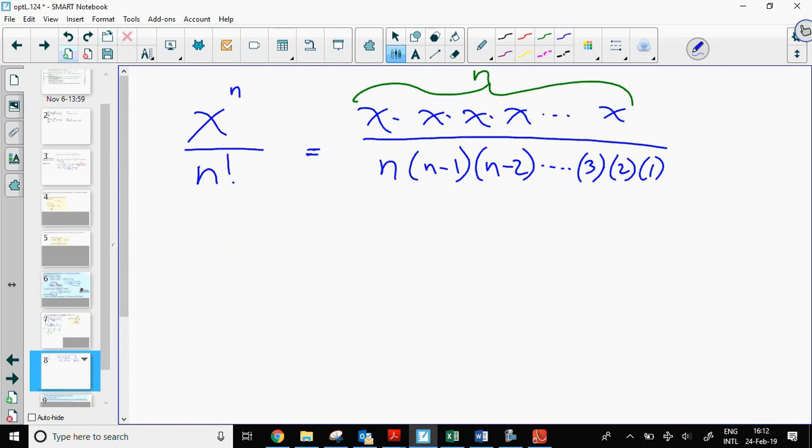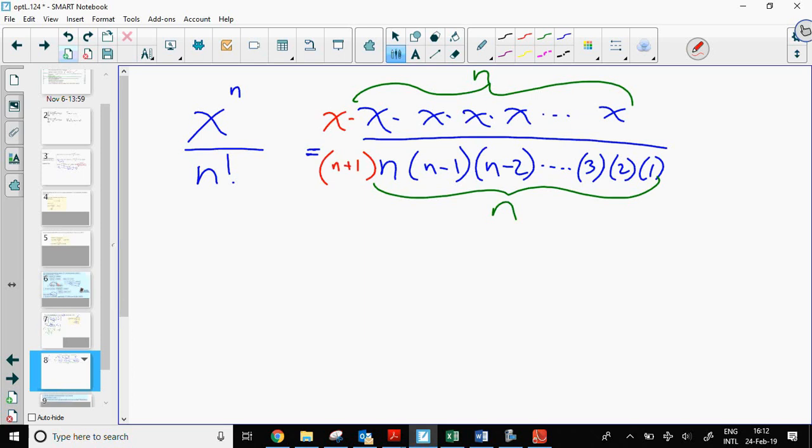Okay. How many values are there here? There's n there. So as this grows, if I increase n by 1, then my numerator would grow by an extra factor of x, and my denominator would grow by a factor of n plus 1.